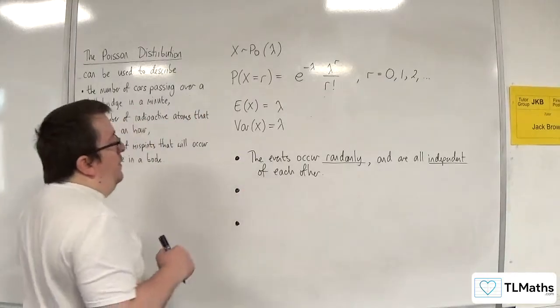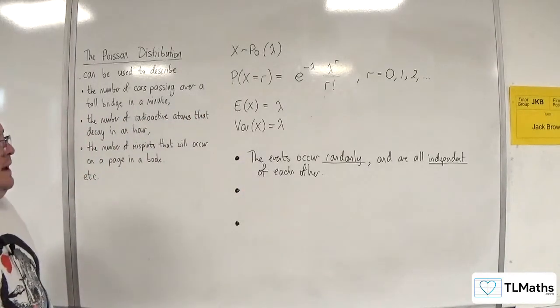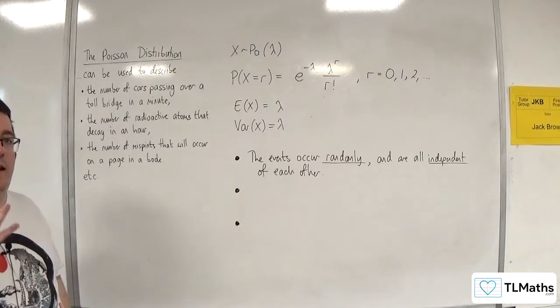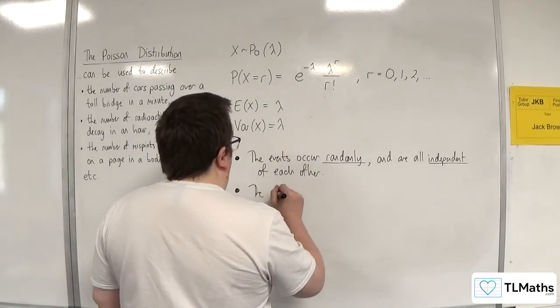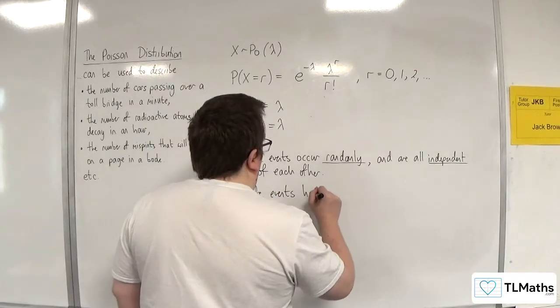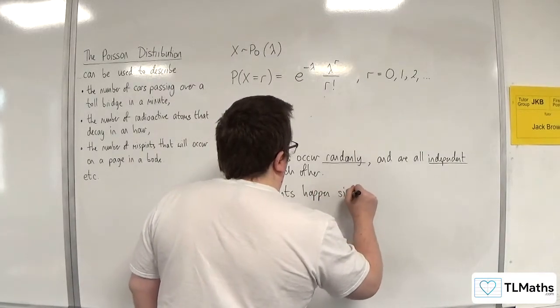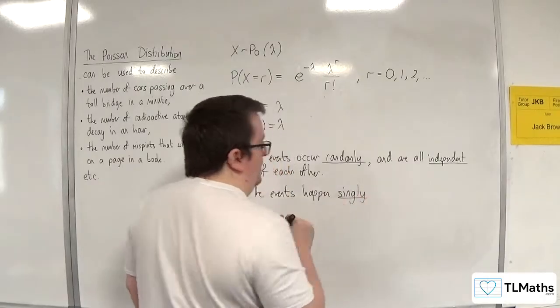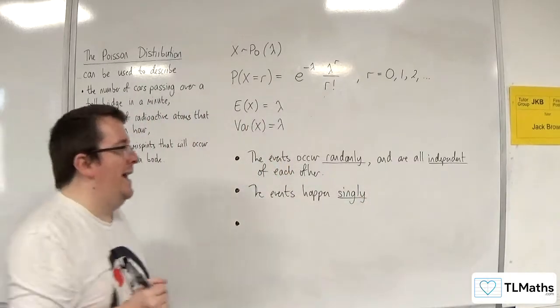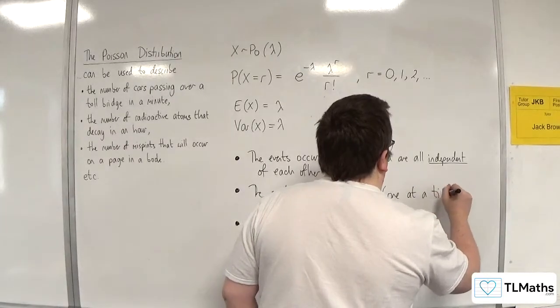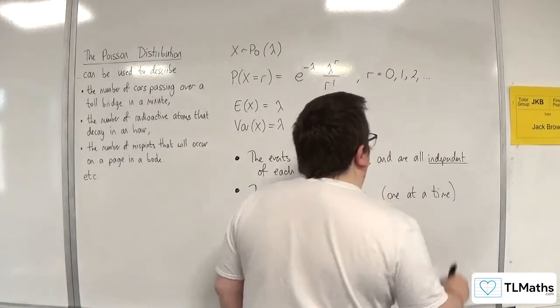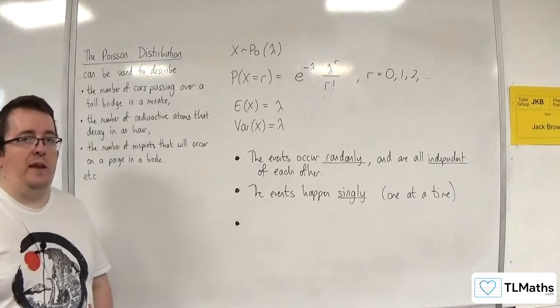The next thing you need to know is that for a Poisson distribution to be the case, you must have that the events occur singly. So the events happen singly. Now, what we mean by that is one at a time. So you can't have 2 or 3 happening at the same time.